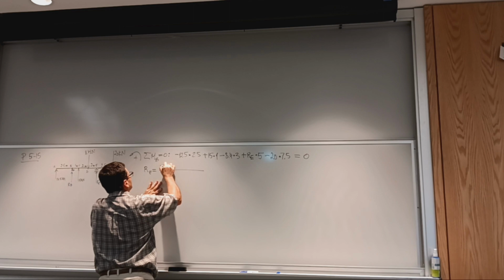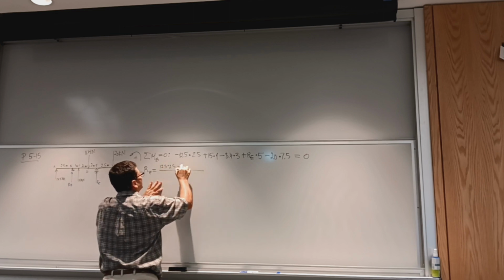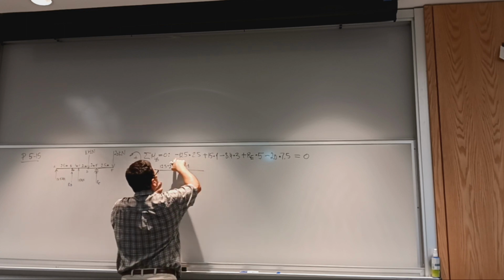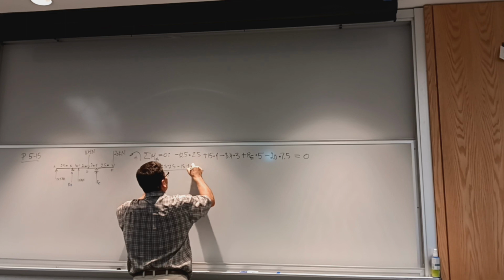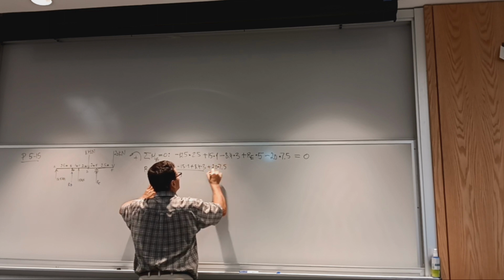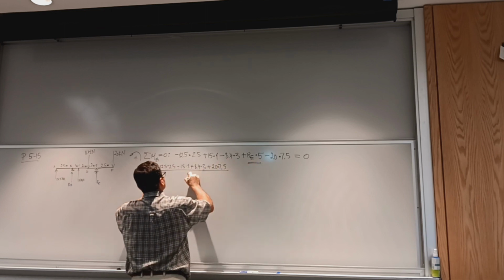So it'll be 12.5 times 2.5, and then negative 15 times 1. So positive, negative, positive 8.4 times 3, positive 20 times 7.5, and then over 5.